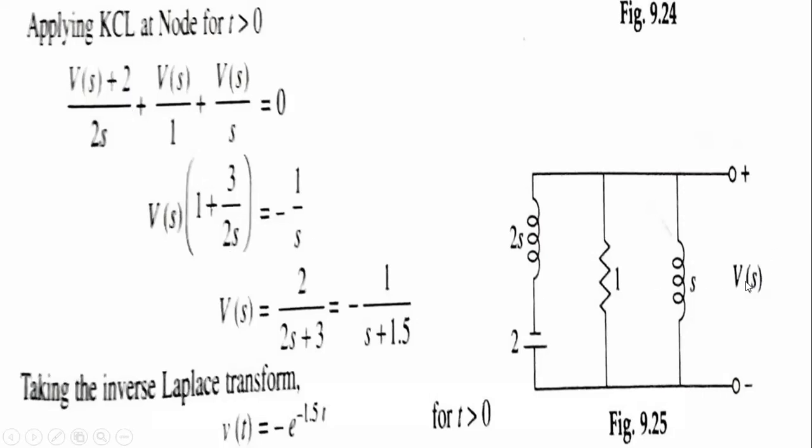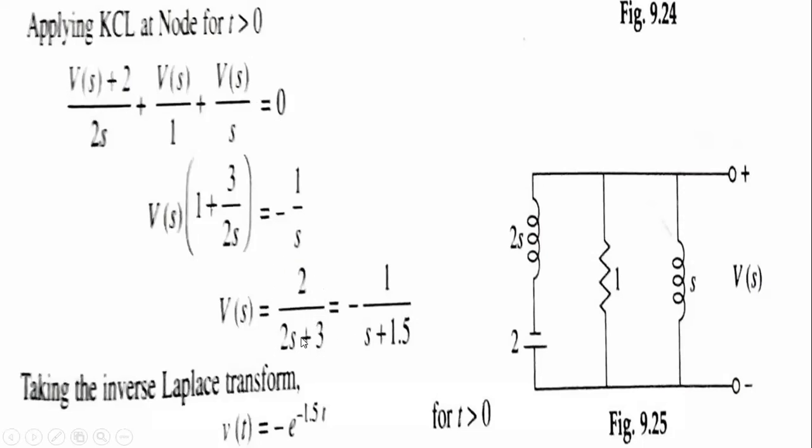See here, V(s) of 2: that is nothing but the V by R case, V by L case, V by C case. All this you can write in the KCL equation. Take V(s) common, just like in the previous series circuit where we took I(s) common. So here V(s) will be common, and it will be equal to minus 1 by s. So V(s) finally is 2 by 2s plus 3. The meaning should not be changed every time, I'm telling you.